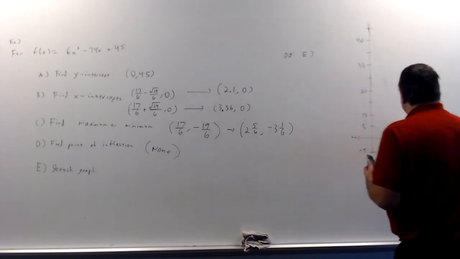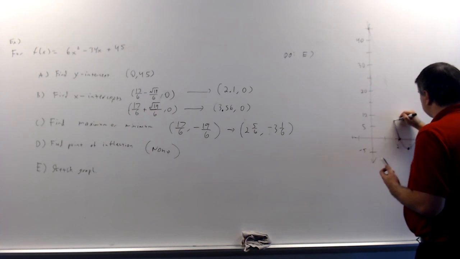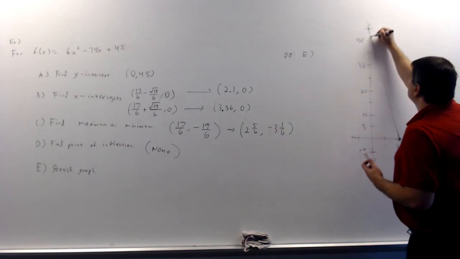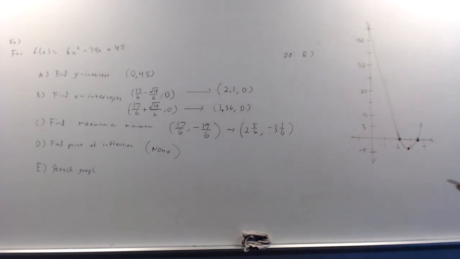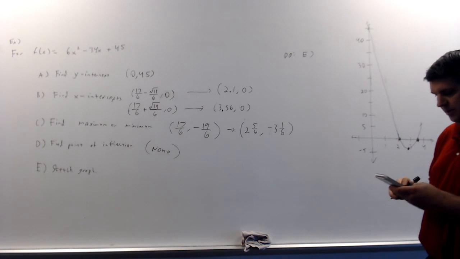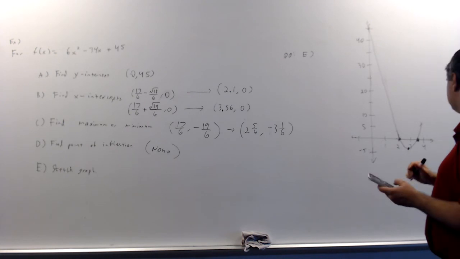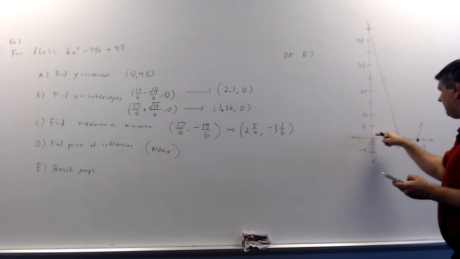Okay, and again, just do the best you can, folks. We're not computers. I propose to tweak it using the actual values, so 6 times 2 squared minus 34 times 2 plus 45. It's about right.